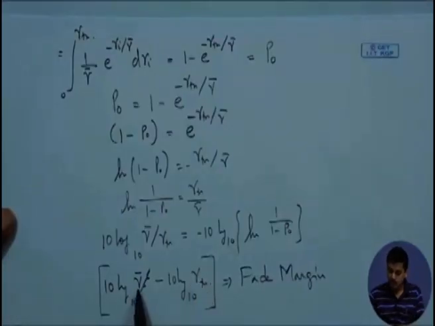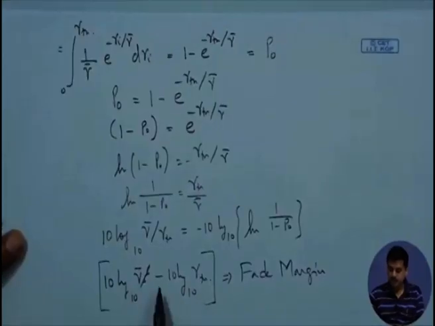If we want the signal to have a certain outage probability, then the difference between the average SNR and the threshold should be given by this particular expression. So, with this we can find how much fade margin we require.